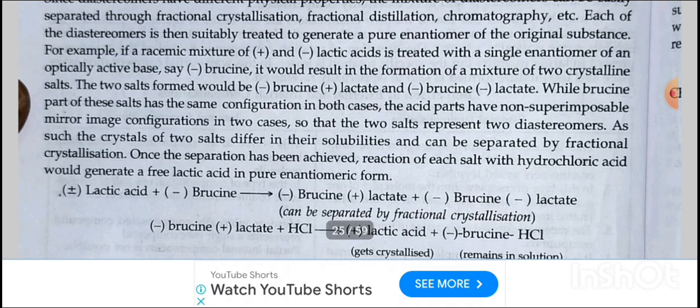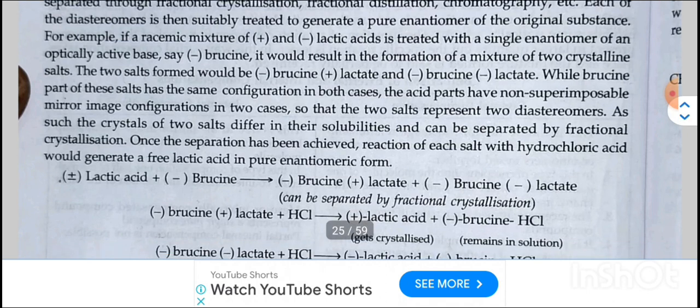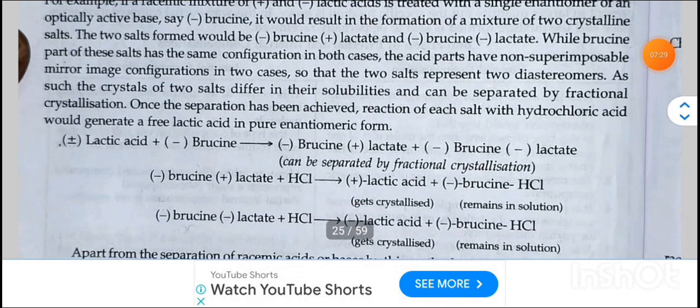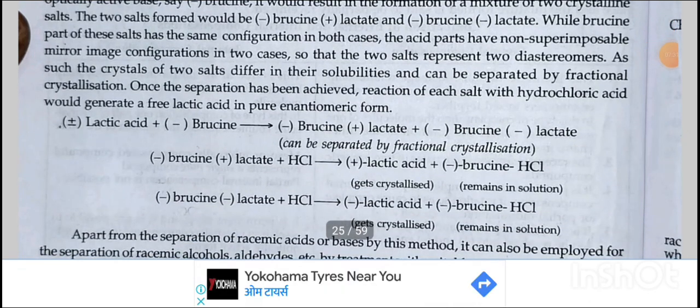The lactic part has non-superimposable mirror image configurations in the two cases, so that the two salts represent two diastereomers. As such, the crystals of the two salts differ in their solubilities and can be separated by fractional crystallization. Once the separation has been achieved, reaction of each salt with hydrochloric acid would generate free lactic acid in pure enantiomeric form.